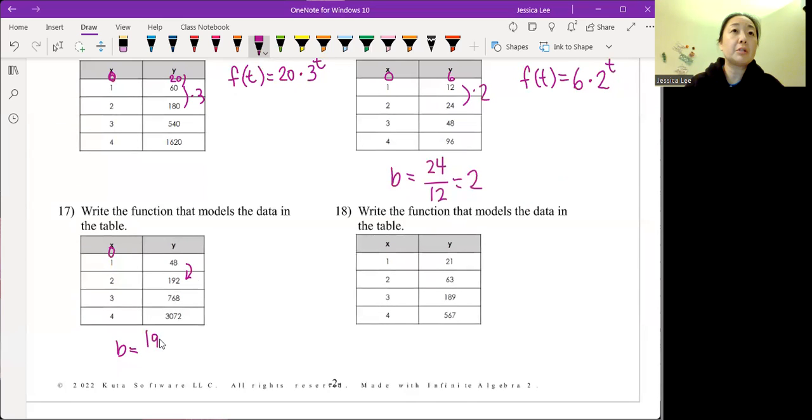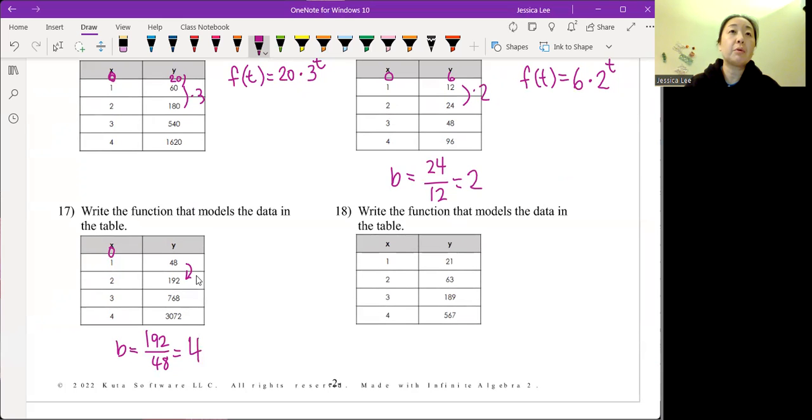So it's going to be 192 divided by 48. That's probably 4. So 192 divided by 48. Your multiplier doesn't always have to be a whole number, but in these cases, since it was just an introduction, they're going to be whole numbers. And sure enough, that is a 4.